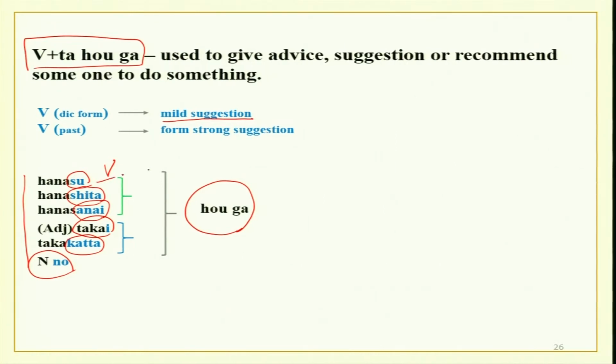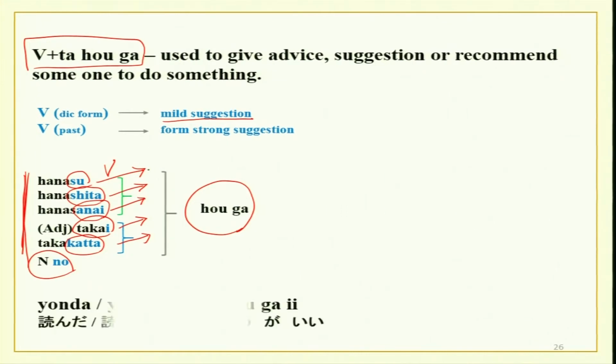This is dictionary form, this is the past plain form, this is the present negative, takai and then takakatta, past form. I have only given these to you at the moment because these are easy to understand and we will do the rest in some other lesson. Yonda and yomanai hoga ii.